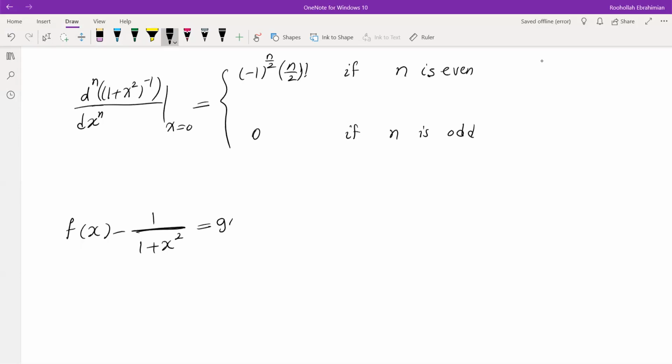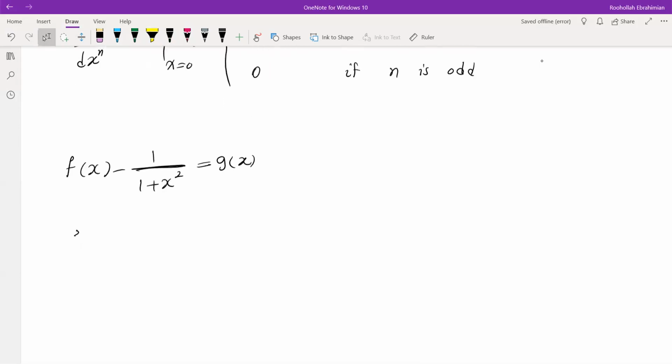With this new function, we know that g of 1 over n is just 0 for all positive integers n. So essentially I changed the problem from f of 1 over n being something weird, something like n squared over 1 plus n squared, to something much nicer: g of 1 over n is just 0.